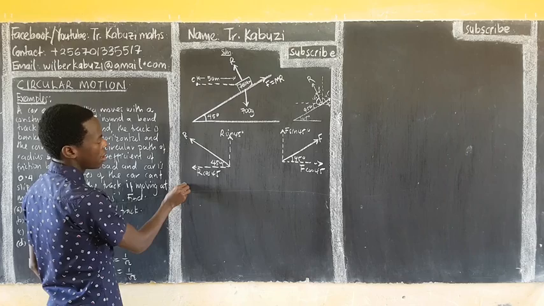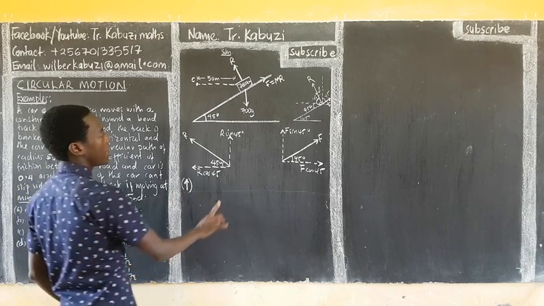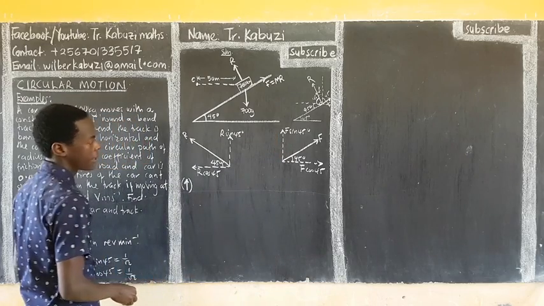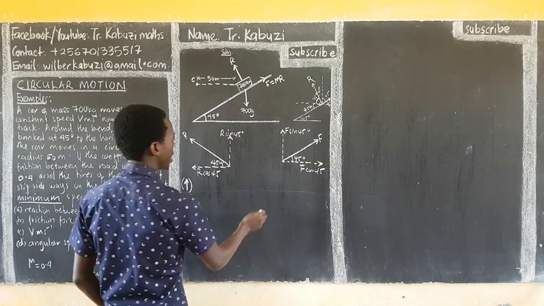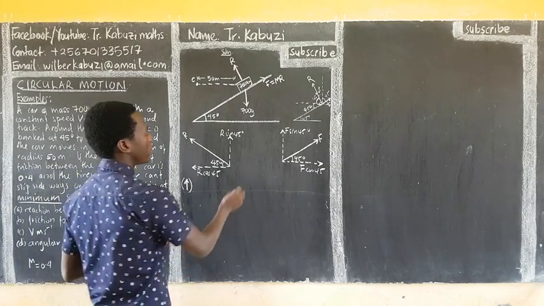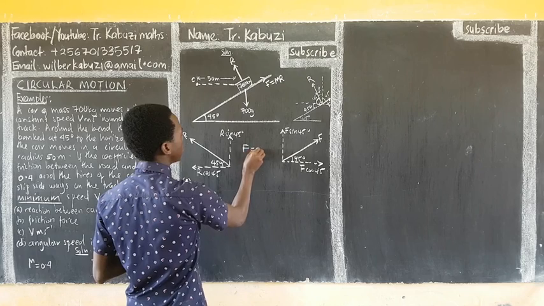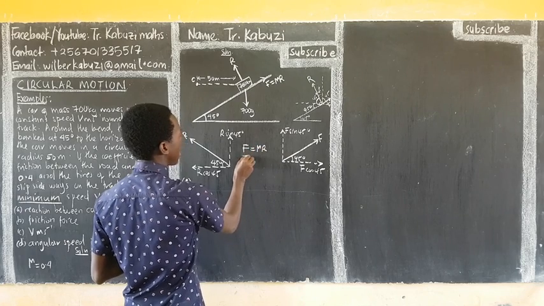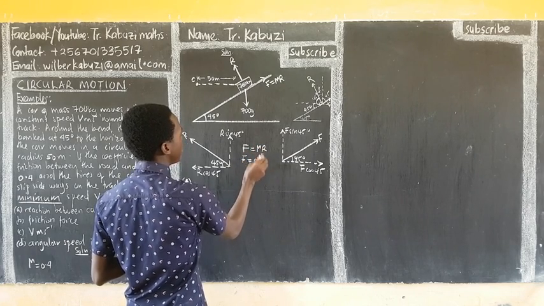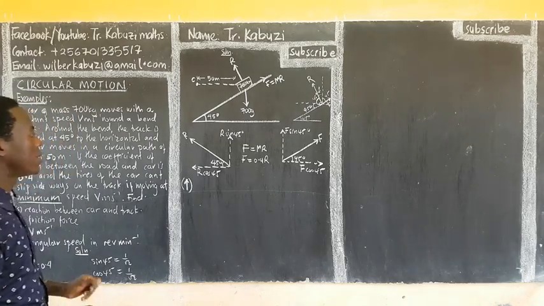Anyway, so now let us resolve vertical. Let us start by resolving vertical. Resolve vertical, we have this force and that force. But first of all, they gave us that our mu is 0.4. But what do we know? We know that always our frictional force is equal to mu R. So our F is going to be 0.4 R, which we shall substitute in there.